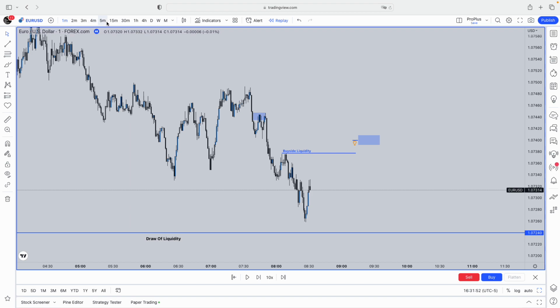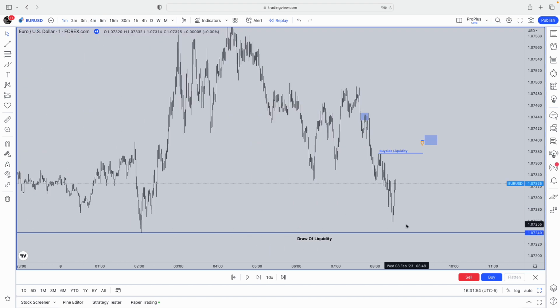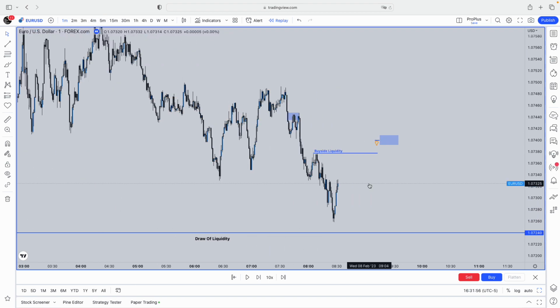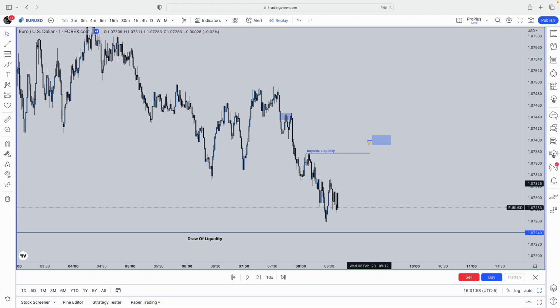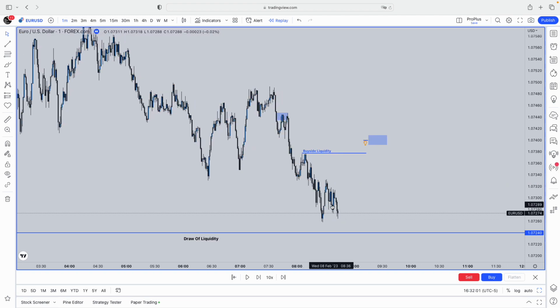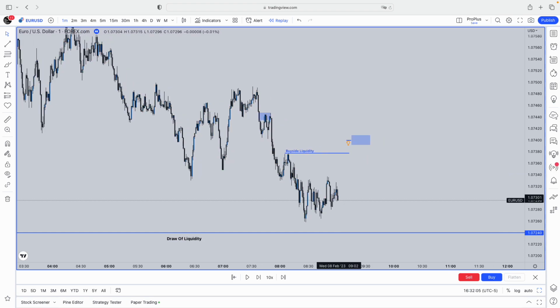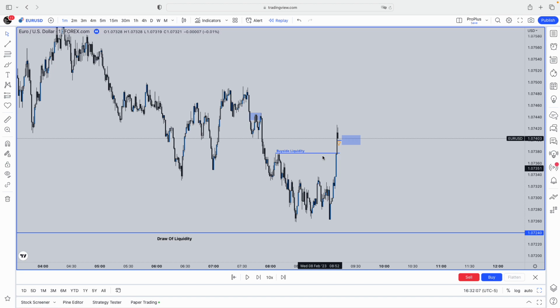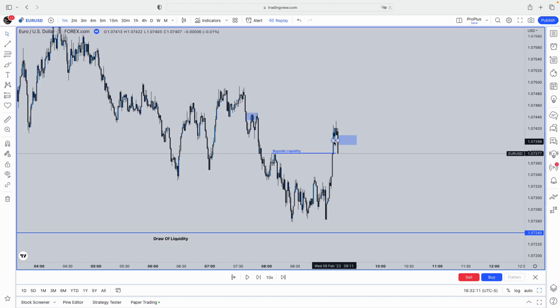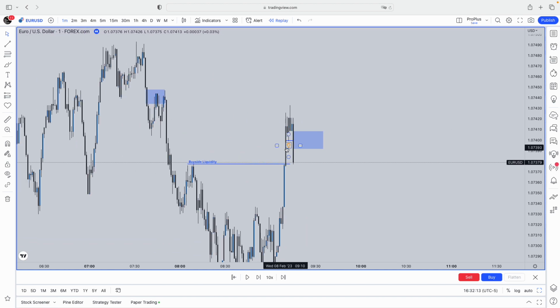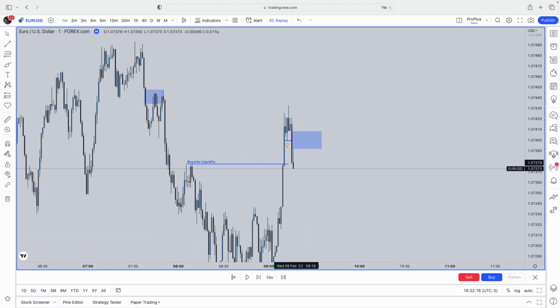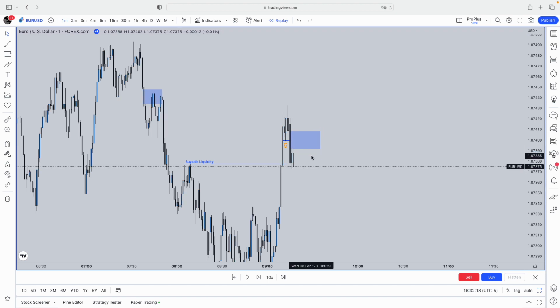So people think this is support here. So retail traders think this is support. So this is accumulating price. Then manipulation, so accumulation, manipulation. It makes a low here. Displacement. Taps into fair value gap, entry.